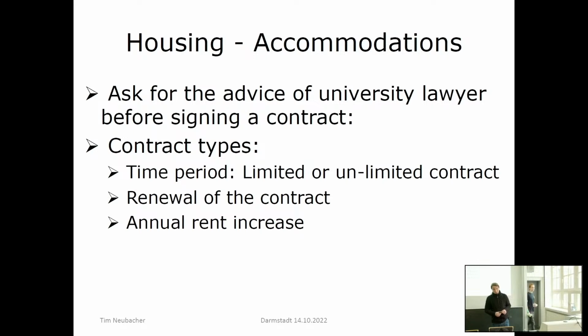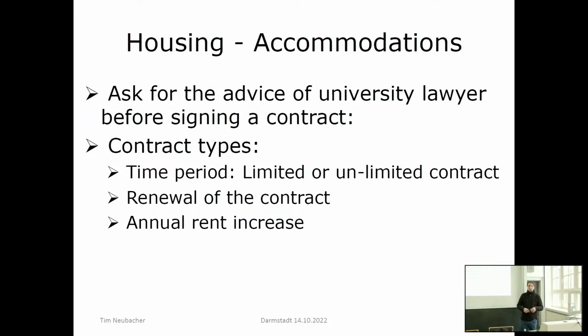If you're not really sure about the legal basis, there is the possibility to get legal advice. The AStA and Studierendenwerk are offering legal advice services for students. If you think that there might be something strange in your contract, let it get checked by a lawyer, or probably fellow students from Germany or whatsoever who are more fond of the legal aspects. Because it could be something over time, limited or unlimited contract.